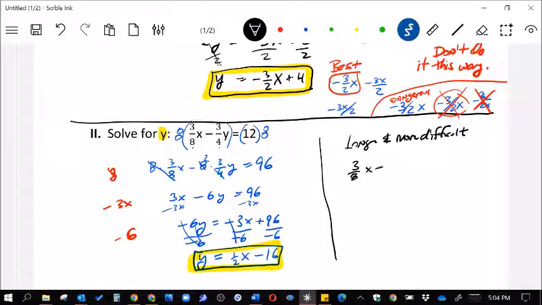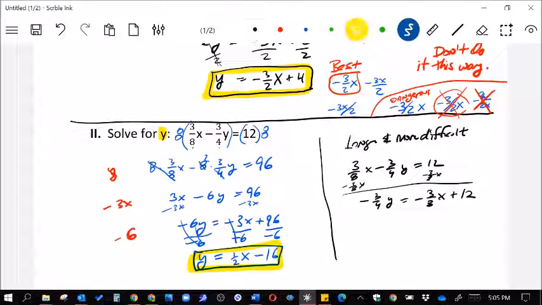3 over 8x minus 3 over 4y equals 12. What they'll do is subtract the 3 over 8x on both sides. So they get negative 3 over 4y equals negative 3 over 8x plus the 12.